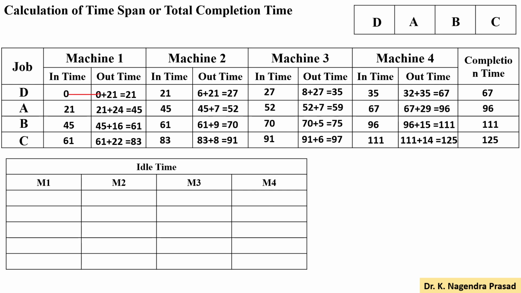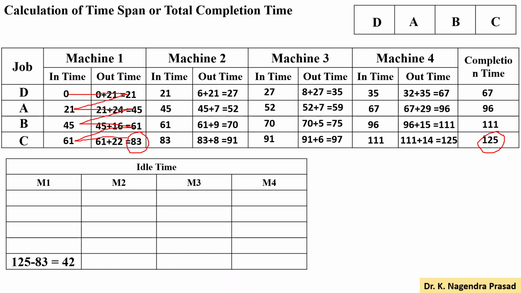So 0 to 21 with job D. Then 21 to 45 for job A. Immediately 45 to 61 it is engaged with job B. Similarly, immediately it is engaged with job C. So here there is no waiting for the jobs, but its completion time is 83 and the total completion time for all the jobs is 125. So the idle time for machine 1 is 125 minus 83, which is equal to 42.